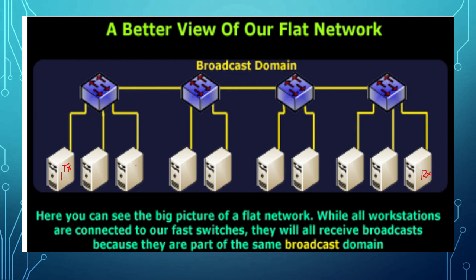In a situation like this, if it sends to our RX, all of them will receive its broadcast frame. Each of them will receive it. So this is the disadvantage.